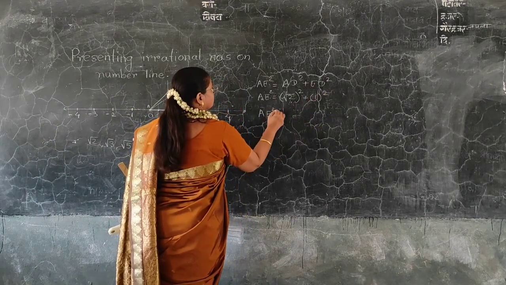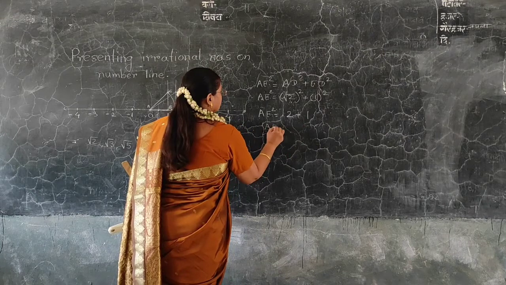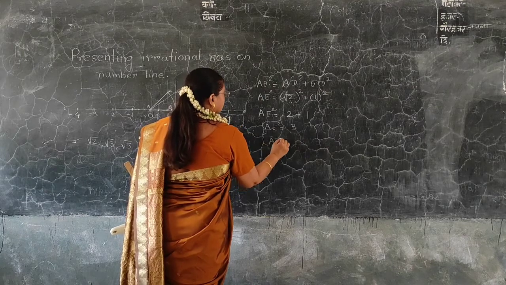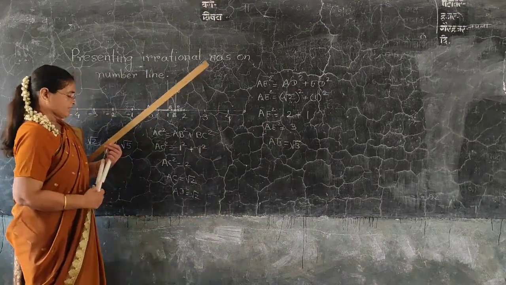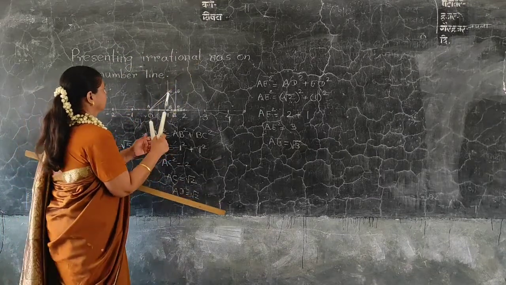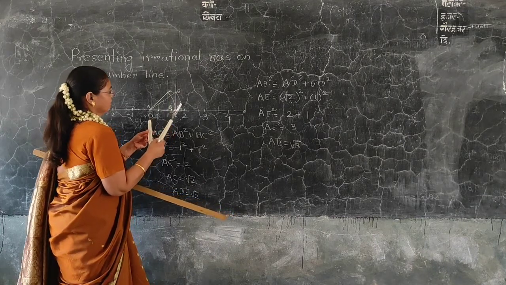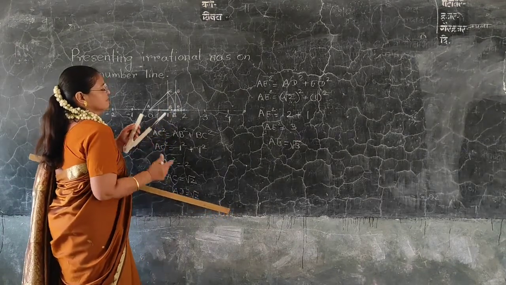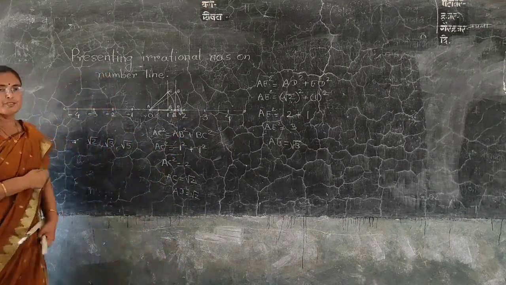So AE square equals root 2 square, that is 2, plus 1 square is 1. So AE square equals 2 plus 1, 3. Taking square root, AE will be equal to under root 3. And hence, again taking this distance, and by drawing, if we draw this R, this distance is root 3. And in this way, we can place root 3 on the number line.